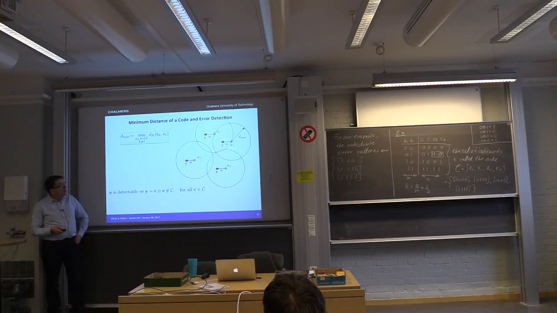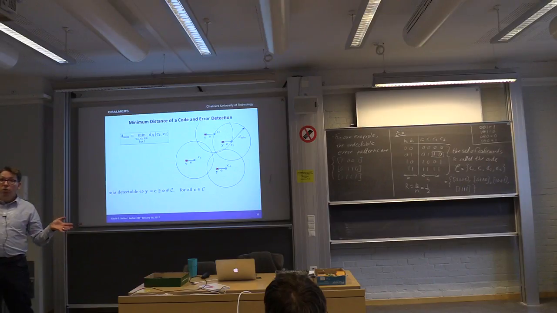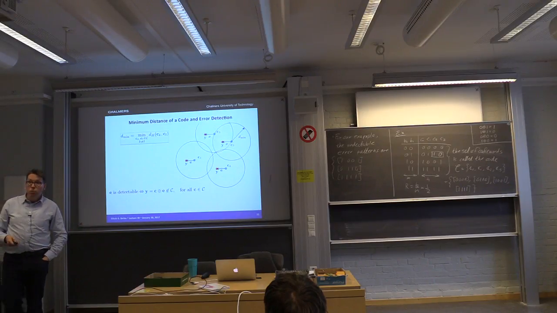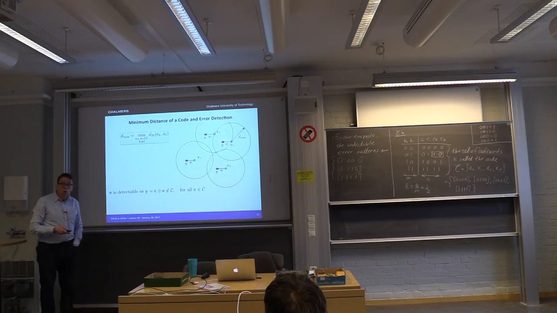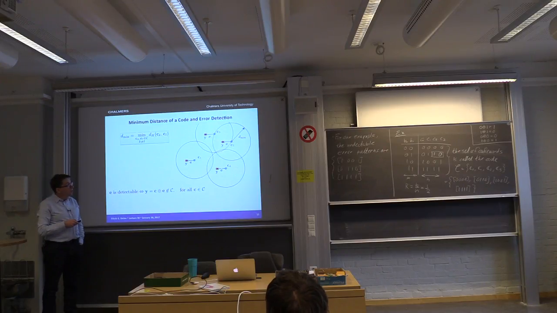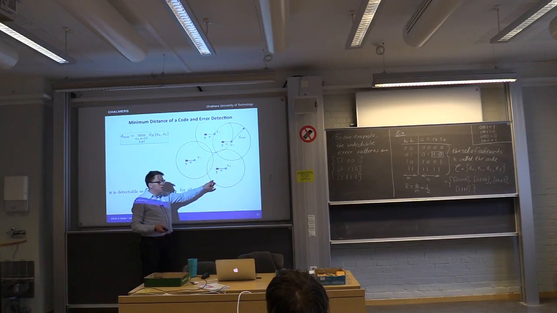What we can do then is draw these spheres with radius minimum distance around all code words. And then we know that as long as the error does not go outside this sphere, or even touch it, it cannot even touch it. If it's inside the sphere, then we can never reach another code word, right?